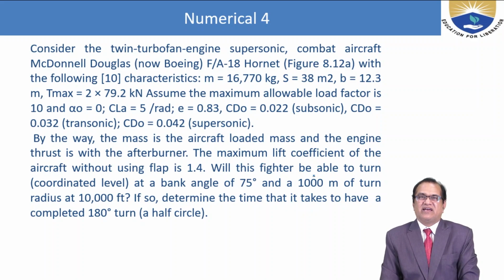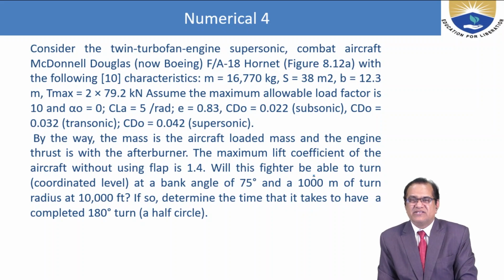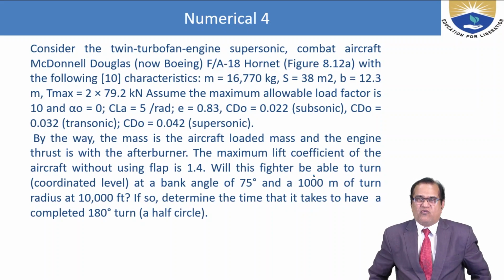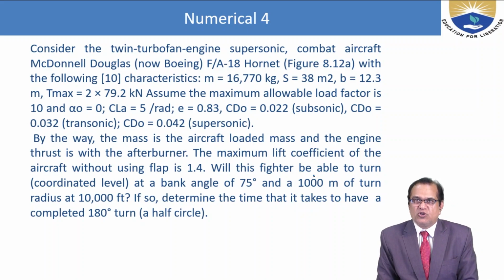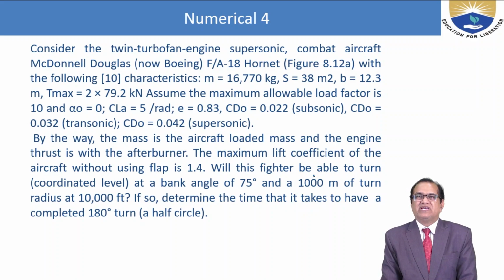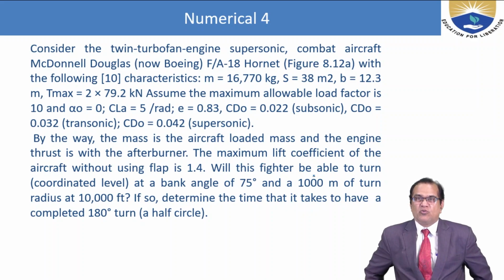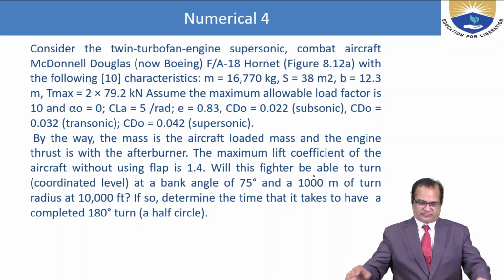and alpha naught is equal to 0, CL alpha is equal to 5 per radian, e is equal to 0.83, CD naught is equal to 0.022, CD naught for transonic is 0.032, CD naught for supersonic is 0.042.